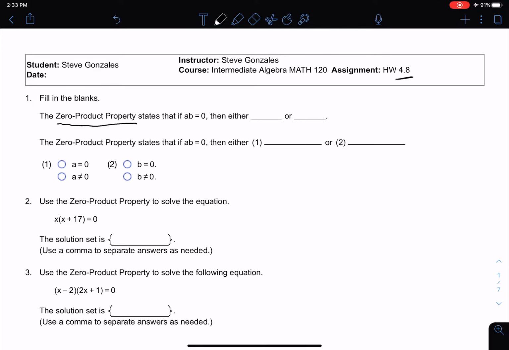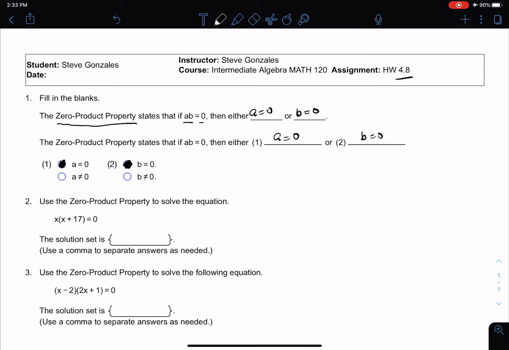That states that if you have the product a times b, and that product equals 0, then either A equals 0 or B equals 0. And you have your little pull down menu which says A equals 0 or B equals 0.